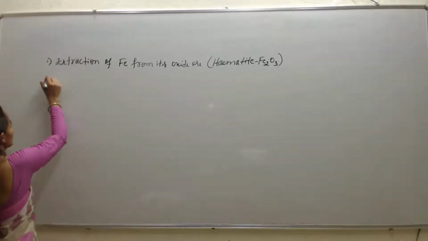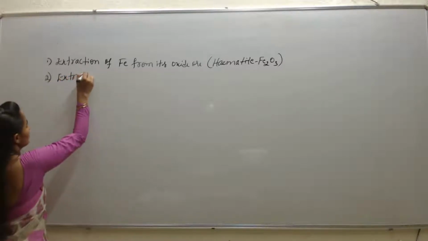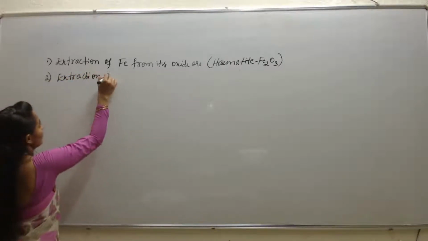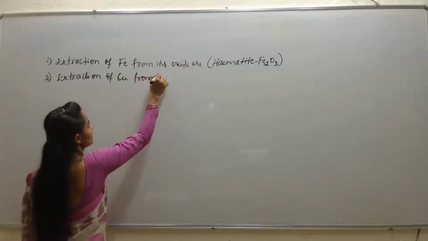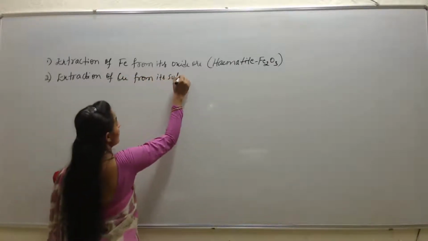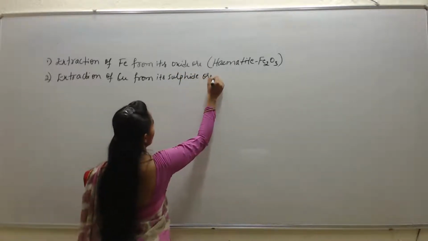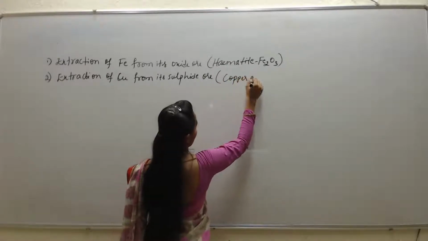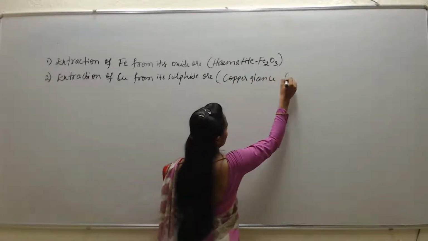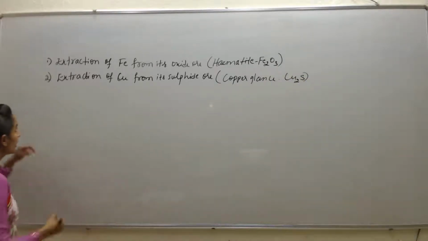The second one is extraction of copper from its sulfide ore, that is copper glance, Cu2S.